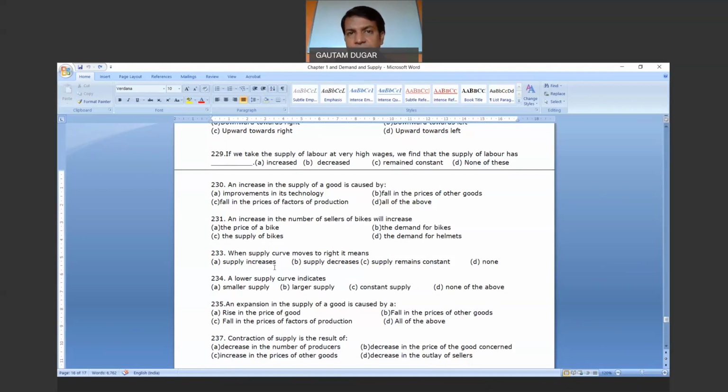As the wage rates increase, the labor supply starts decreasing. Initially, the labor supply will increase, but later on, it starts decreasing. So, is that portion clear? Next.